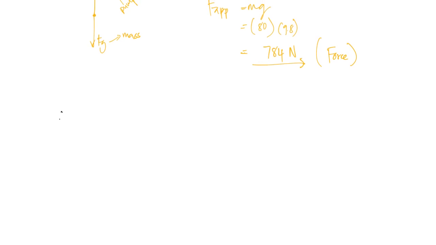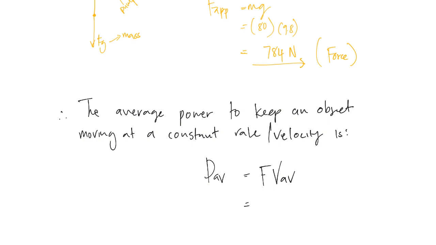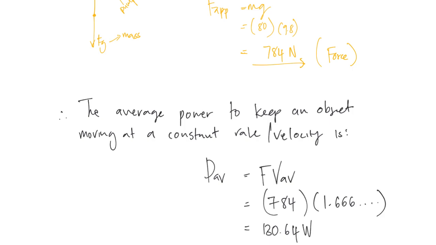So I've got average velocity and I've got force. So I can say that therefore the average power to keep an object moving at a constant rate or velocity is PAV is equal to F times VAV, and that leaves me with 784 multiplied by 1.666666 recurring is equal to 130.64 watts.